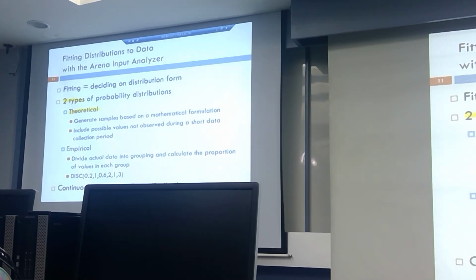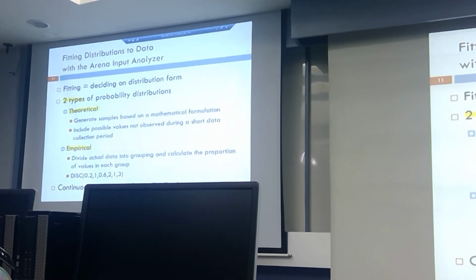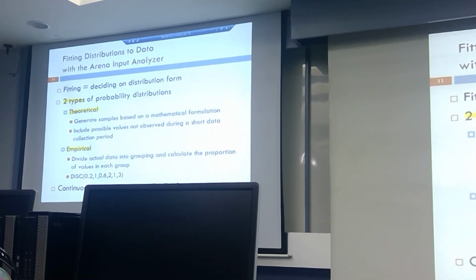The other type of distribution is called empirical distribution. This one is like the probability distribution that we did in Monte Carlo simulation before. Basically, you just calculate the proportion of each value that will happen. For example, remember when we simulated the demand, we said that in 200 days, demand of 0 happened for 30 days, demand of 1 for 100 days, and so on.